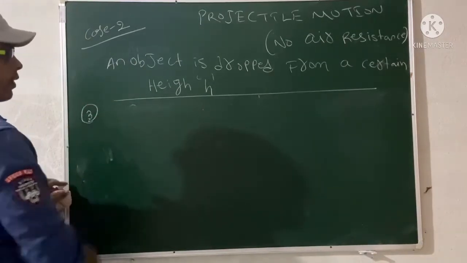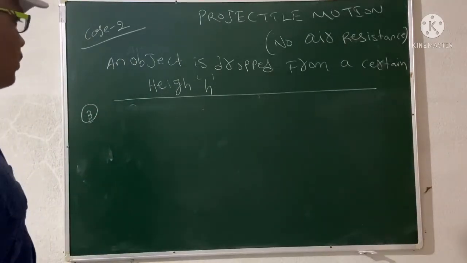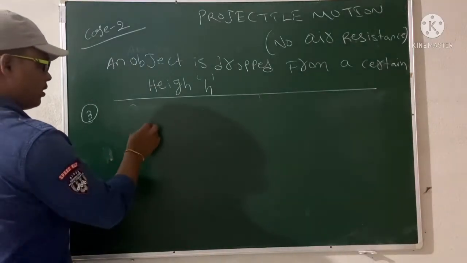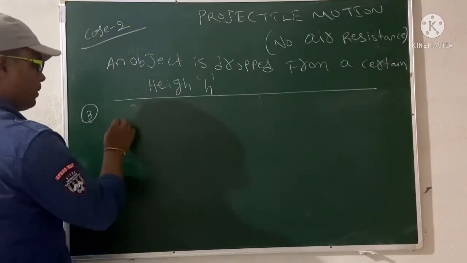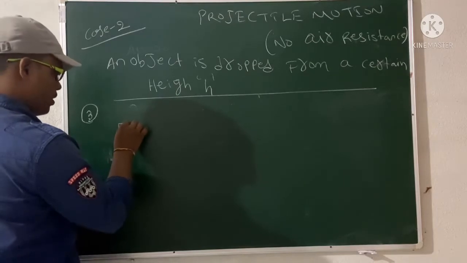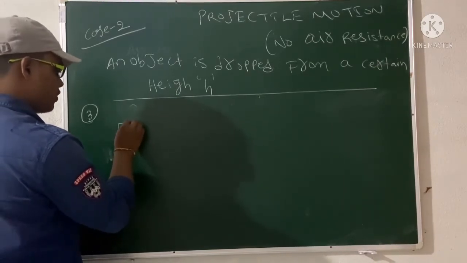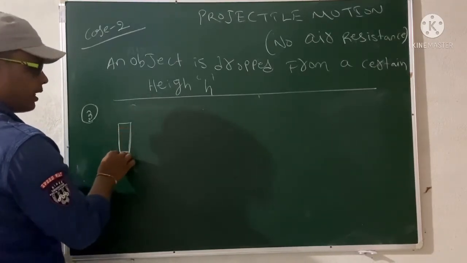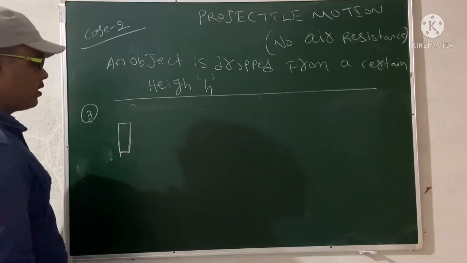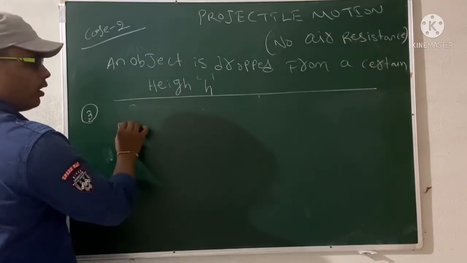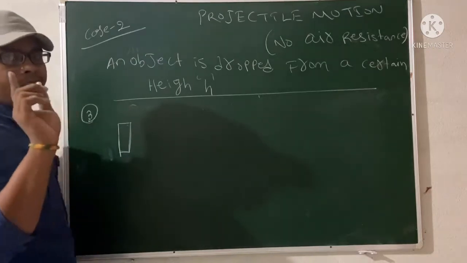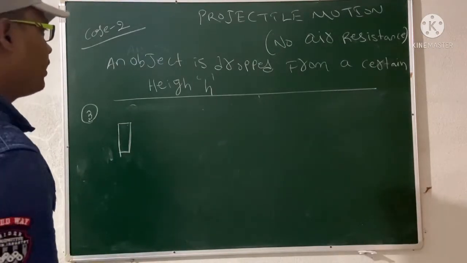projectile motion. So what is the third case? The third case is also similar, but just add the first case and the second case, you will get the third case. So the third case is nothing but an object hit with some initial velocity from a certain height h.